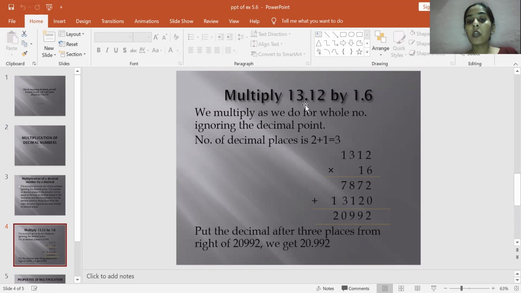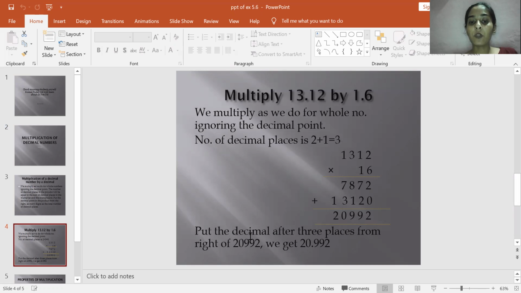How? Now you can check in your multiplicand, after the decimal you have 2 digits. So I write here 2, and in your multiplier, after the decimal, you have 1 digit. So I write here 1. So 2 plus 1 gives 3. It means now we have to place the decimal from the right side after leaving 3 digits.